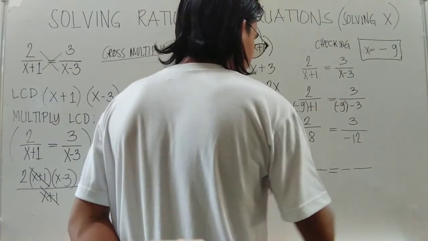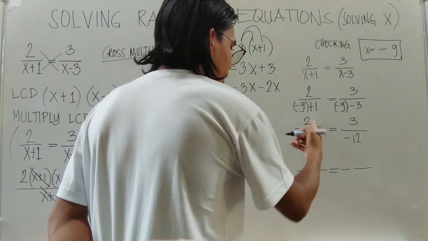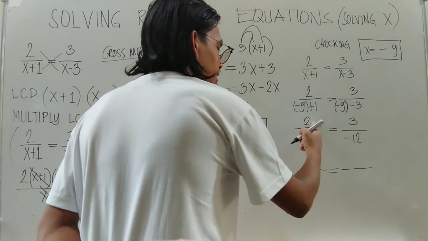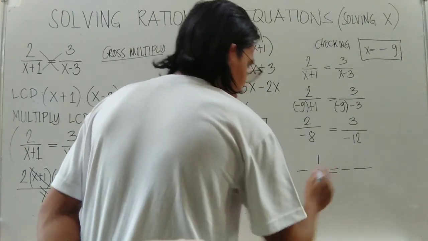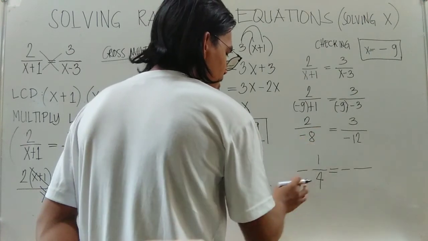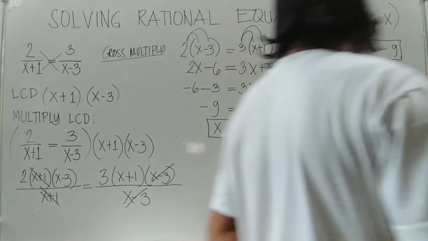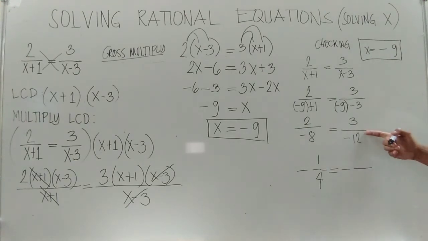Okay. What is the common factor between 2 and 8? So the common factor between 2 and 8, of course, is 2. So 2 divided by 2 is 1. 8 divided by 2 is 4. So we have simplified 2 over negative 8 to negative 1/4. So let us try to simplify 3 over negative 12.